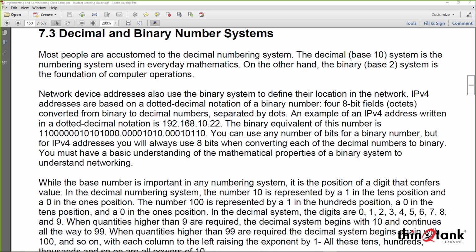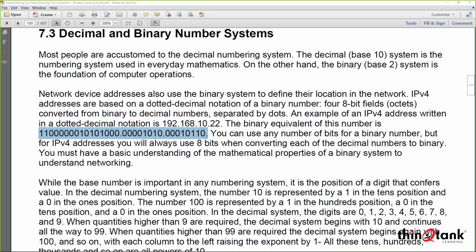They're 32 bits long, and they're broken up into what we call octets, 8 bits each within each of those 4 octets. The first octet being the far left octet, then the second, the third, and the fourth. They talk about, for example, in the book here, 168.10.22 and the binary equivalent of this string.